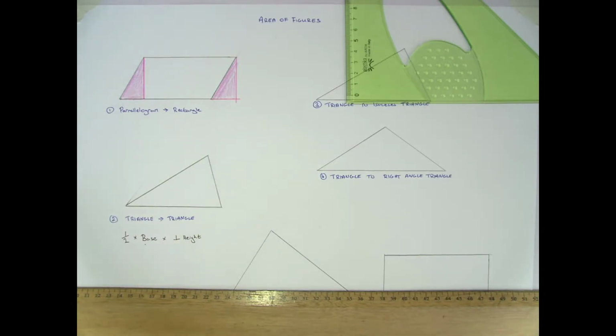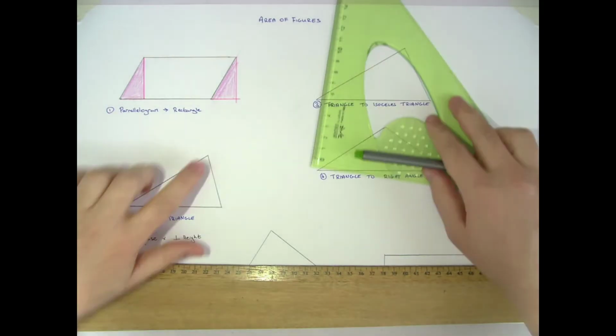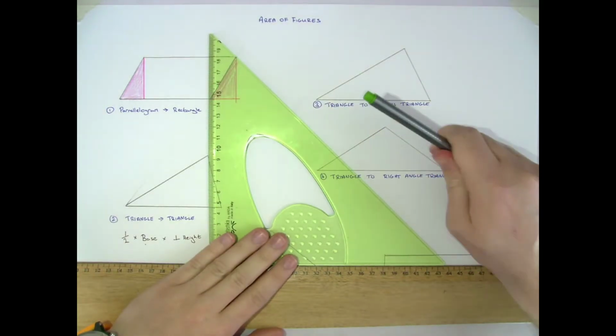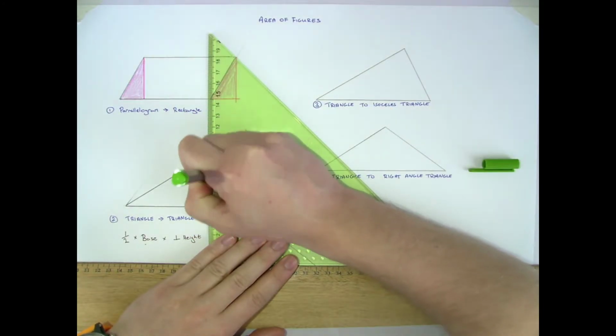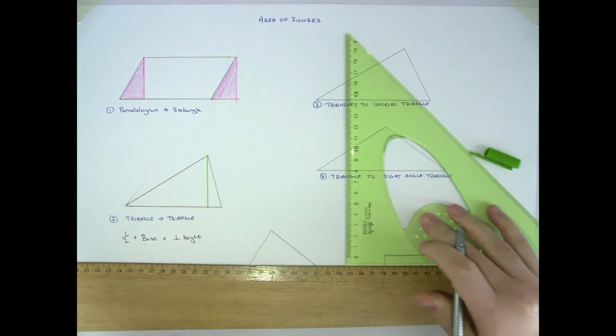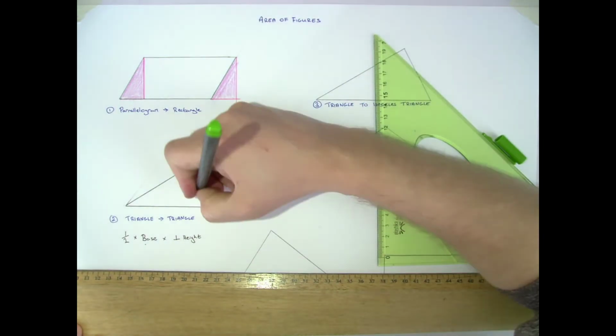In a triangle, the perpendicular height is the height from the apex to the base, the vertical height. So this green line here, that is the perpendicular height.